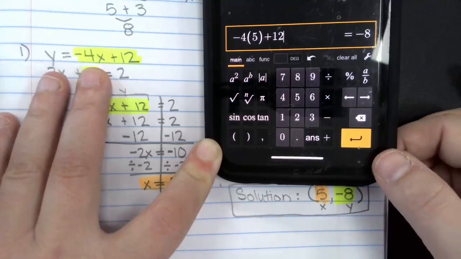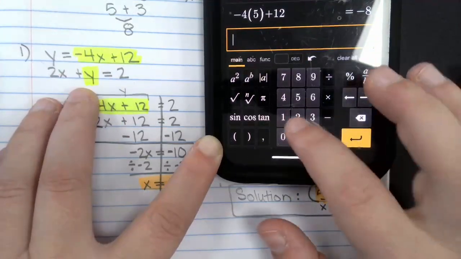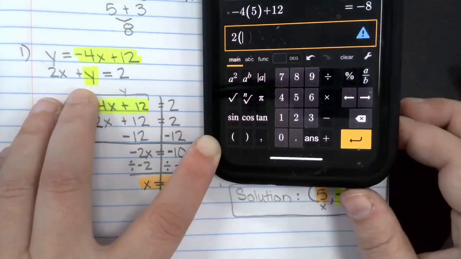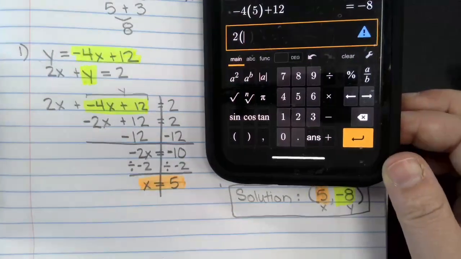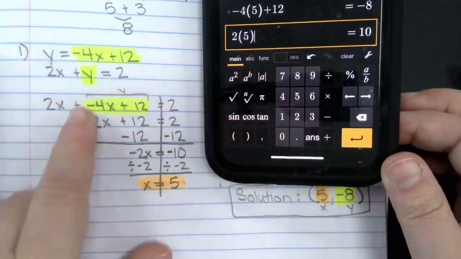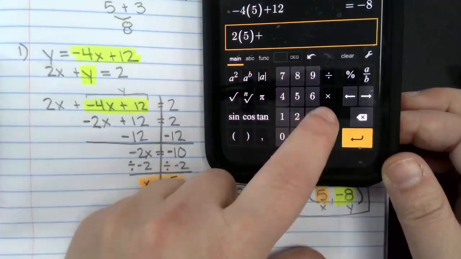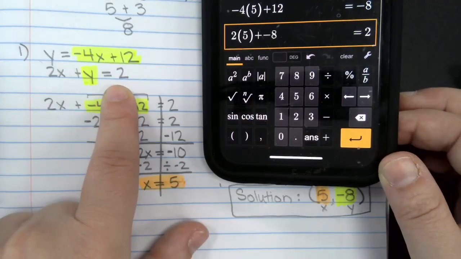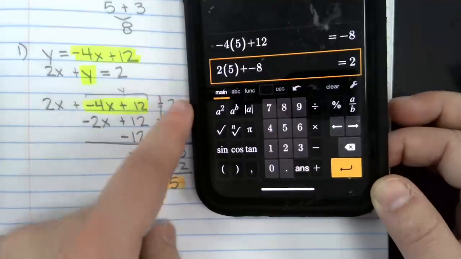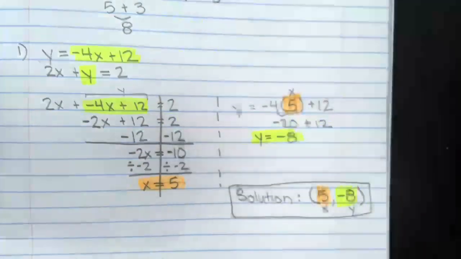Did it equal negative 8? Yes. Okay, what about this one? If I do 2 times my x, 5, plus y, so plus negative 8. Is my answer 2? Yes, it is. So did it work for both equations? Yes, so it's the solution.